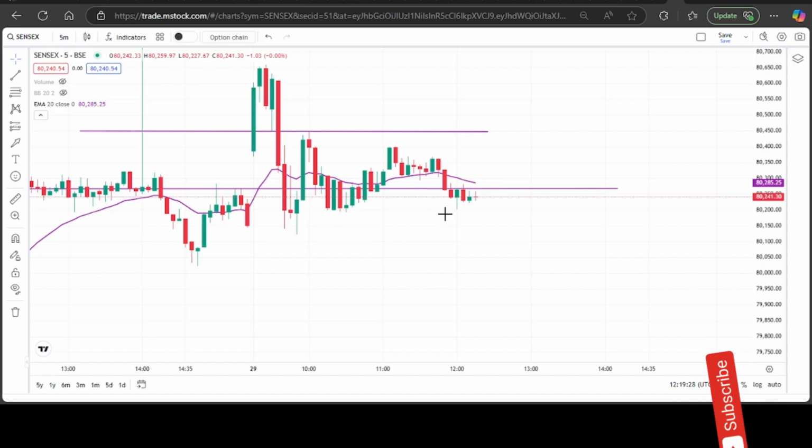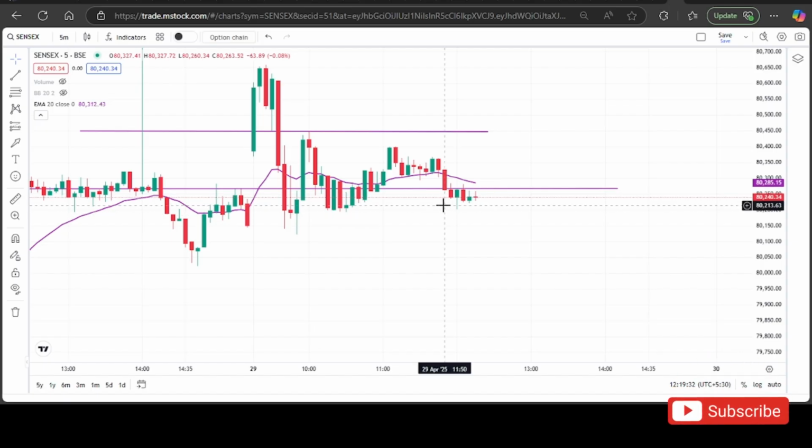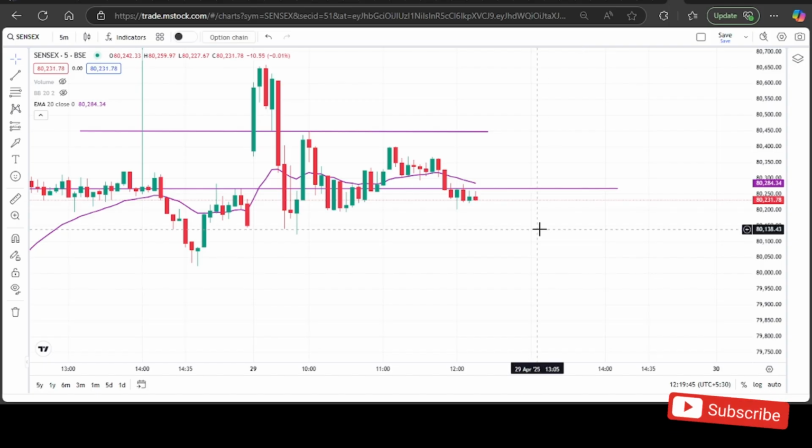Once I see some move on either side, I will again enter and take the trade on the right side. There is nothing right or wrong. I just have to adjust the positions. But right now, I don't think holding on to the trades which are in profit is right. That is why I sold all of them. And now I'm waiting for the right move.